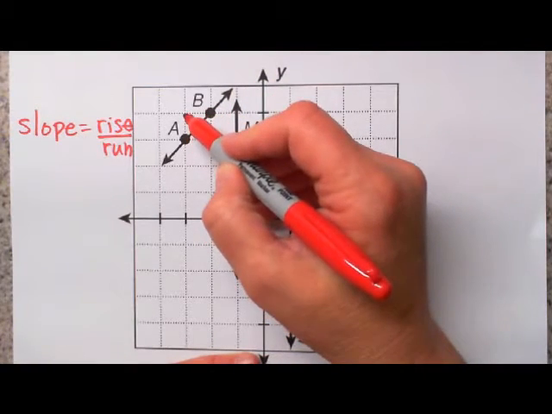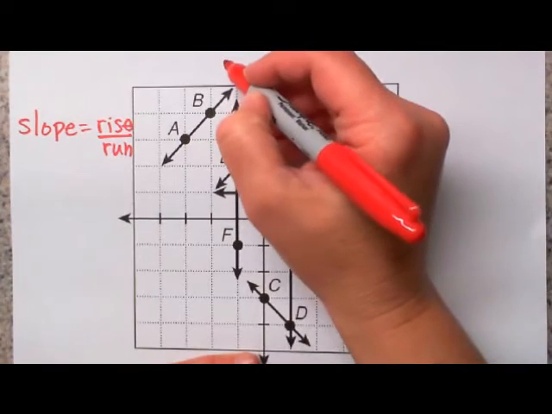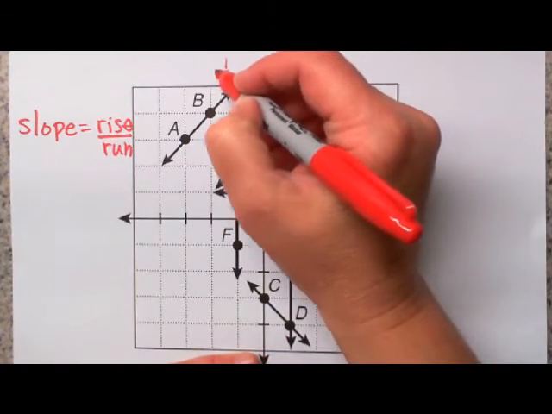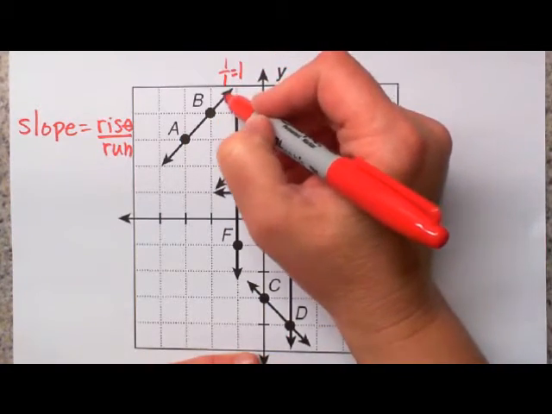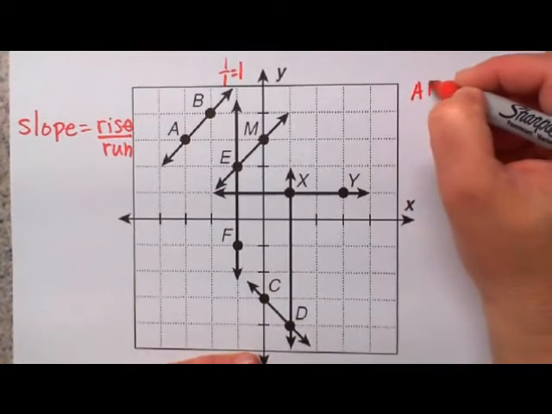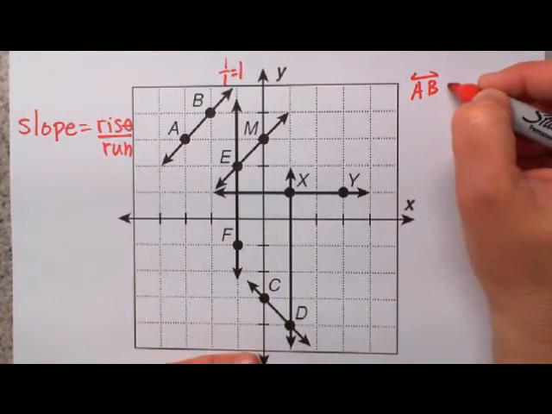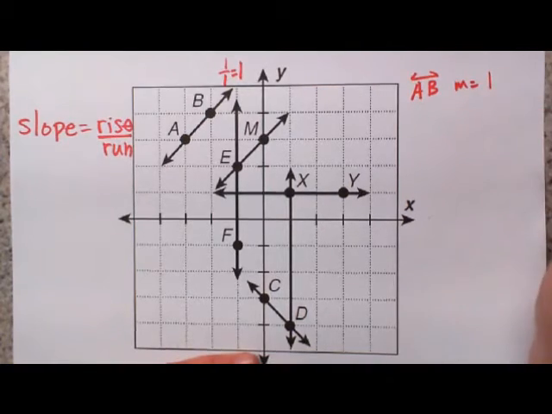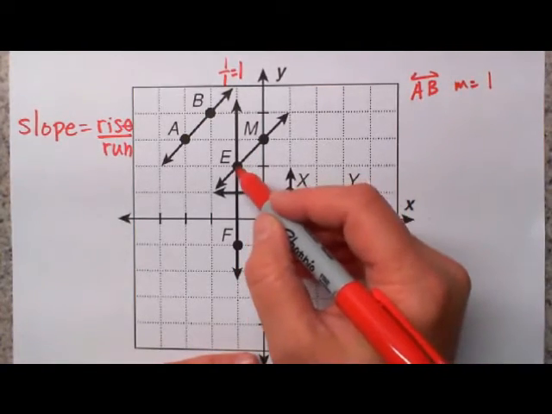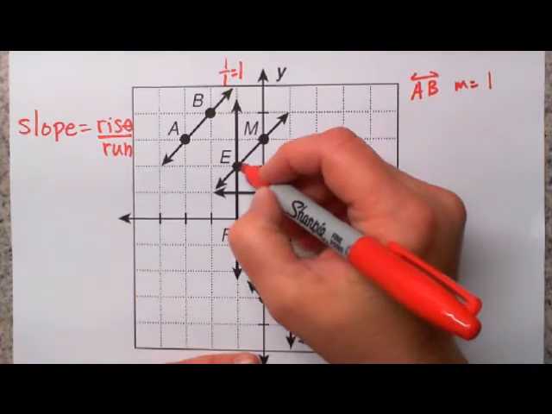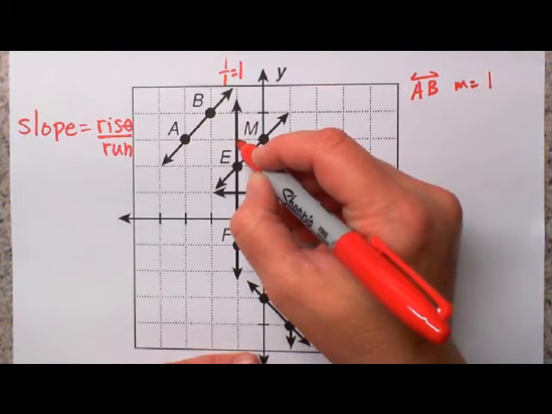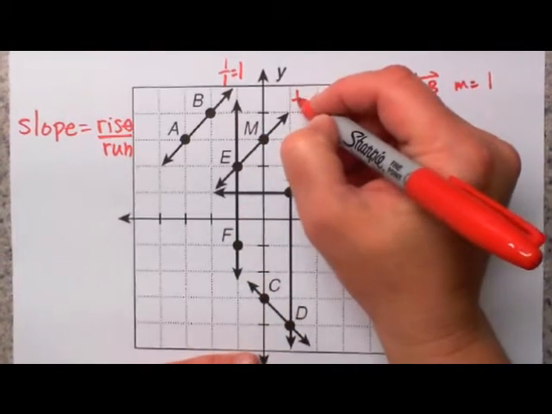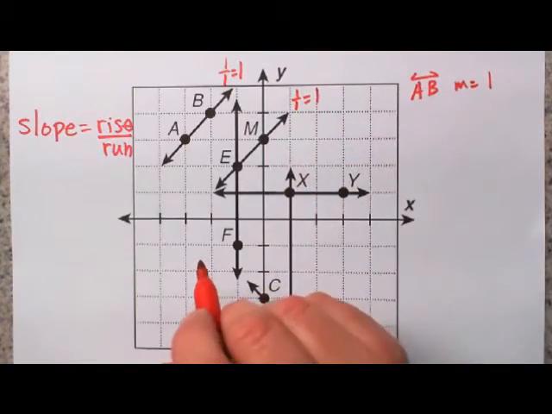I've got a change of 1 in the y direction, change of 1 in the x direction. So I've got 1 over 1, the slope is equal to 1. So line AB, the slope equals 1. Let's look at line EM. So I've got change of 1 over change of 1. So I've got 1 over 1 again, the slope is 1.